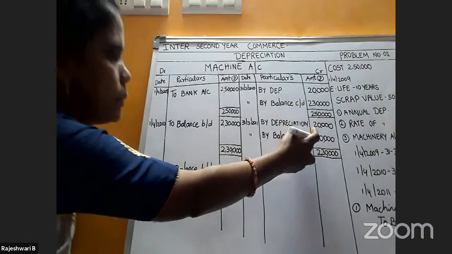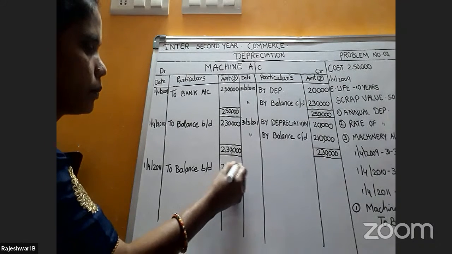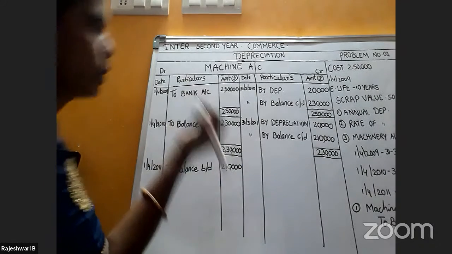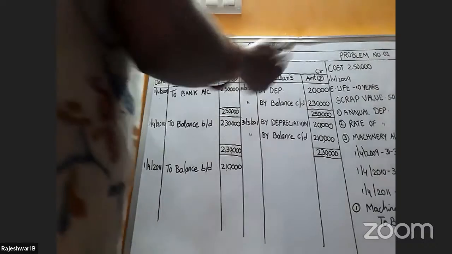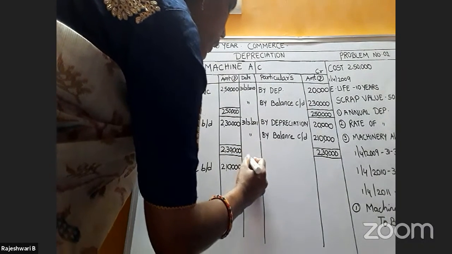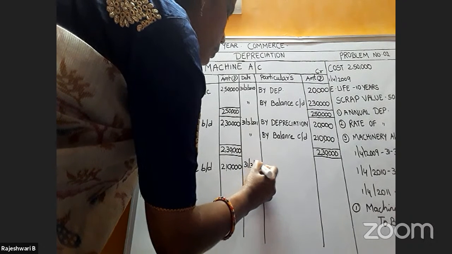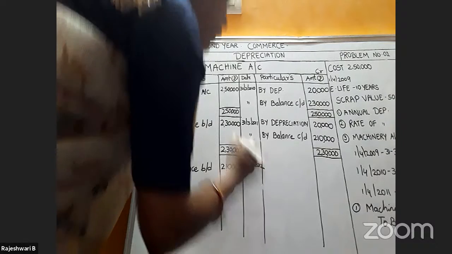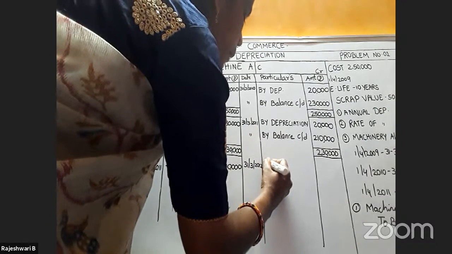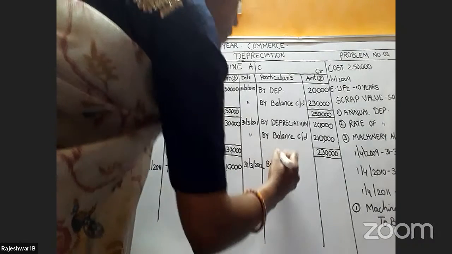What is the amount? This balancing amount, 2,10,000. On 31/3/2012, by depreciation.